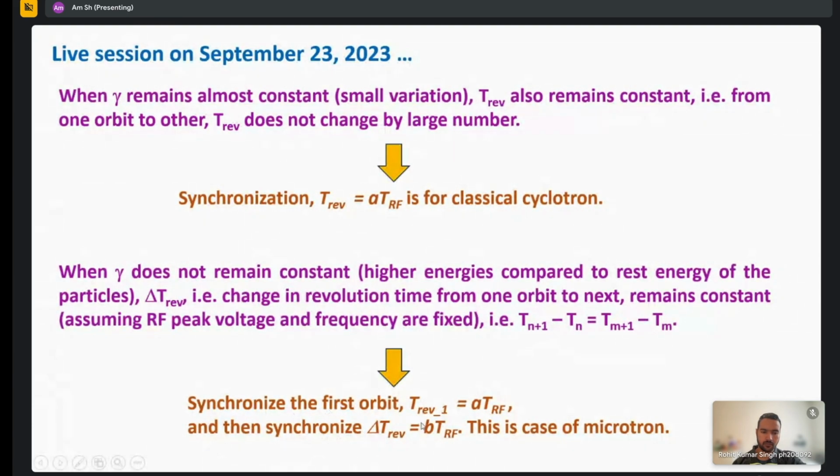So the minimum value possible for B is 1 and the minimum value possible for A is 2.